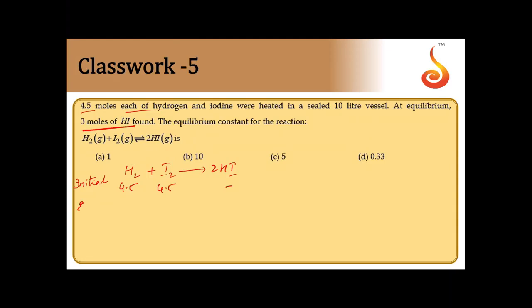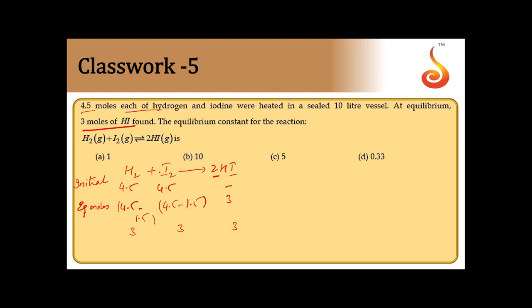So 2 moles of HI will form from 1 mole of iodine, so 3 moles are forming from 1.5 moles. So it should be 4.5 minus 1.5 here. Similarly in this case also, 4.5 minus 1.5. This many moles are left. So 3 here, 3 here and 3 here we have.